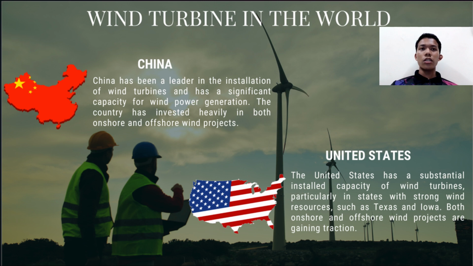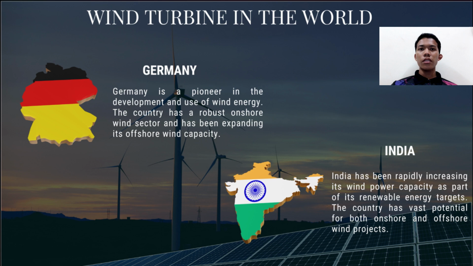Next, the United States has a substantial installed capacity of wind turbines, particularly in states with strong wind resources, such as Texas and Iowa. Both onshore and offshore wind projects are gaining traction. Next is Germany, a pioneer in the development and use of wind energy.